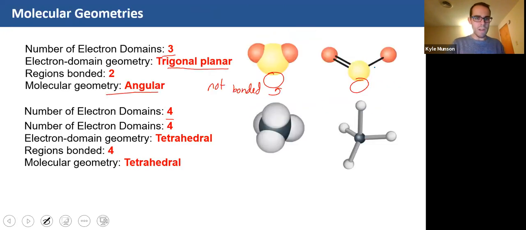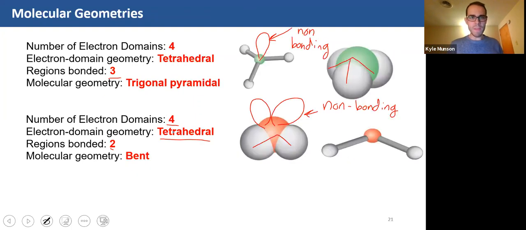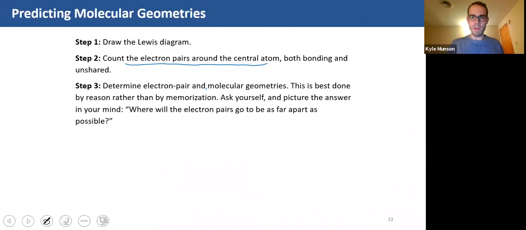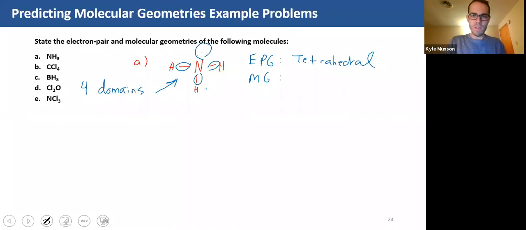We just go back one, if they were all bonding. But that's not the case. We have 4 domains, but only 3 regions are bonded here. So that means our shape is going to be trigonal pyramidal. So I'll just say trig. Hopefully that made sense. So that's all you're going to do for these problems.